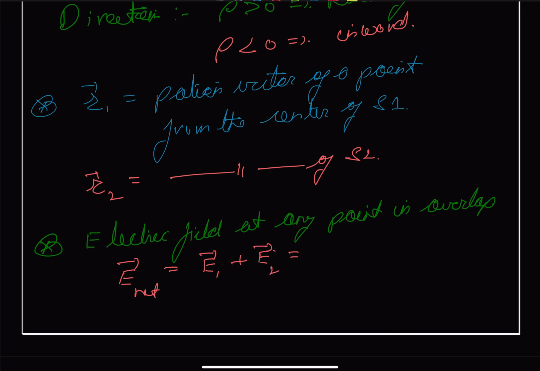We substitute the values of E1 and E2. We can write this as rho over 3 epsilon naught times the R1 vector, plus minus rho over 3 epsilon naught times the R2 vector.